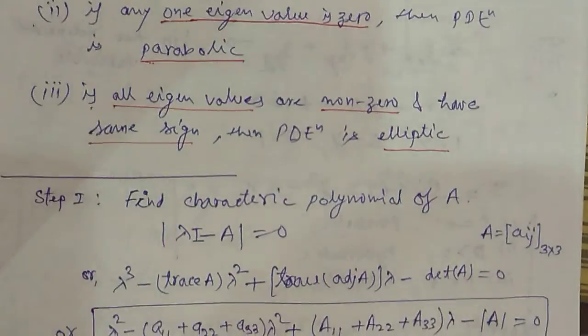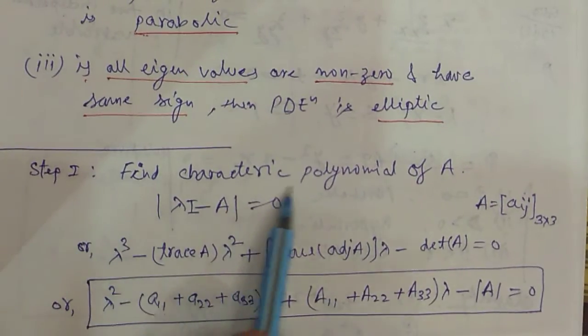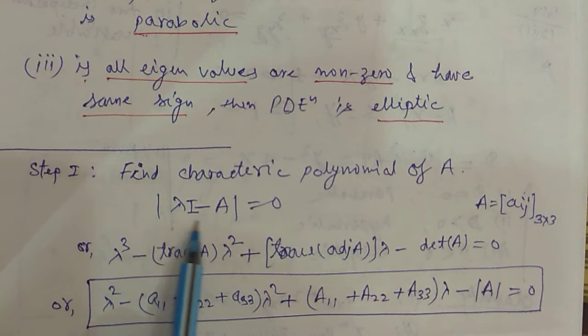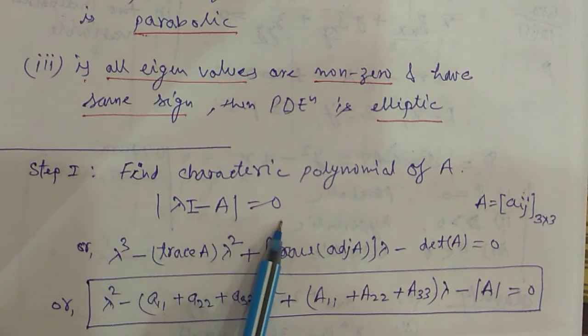So we have some methods to find the eigenvalues. Step 1: find the characteristic polynomial of A with the help of the equation determinant of lambda I minus A equal to 0.